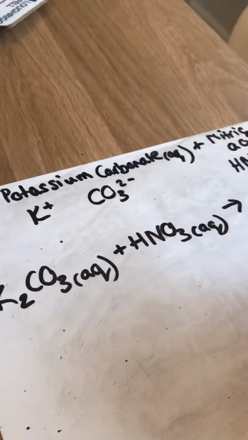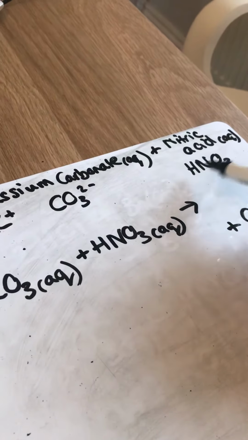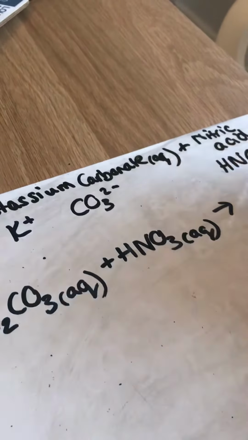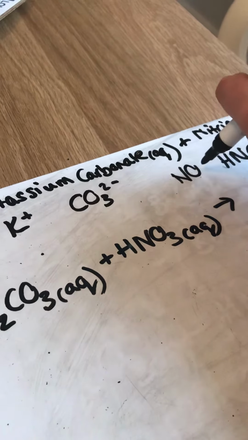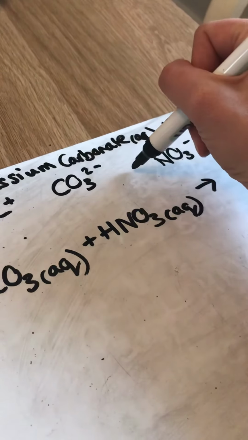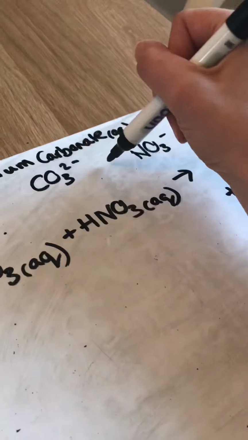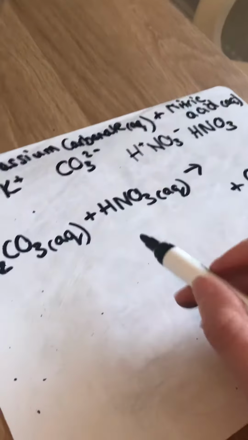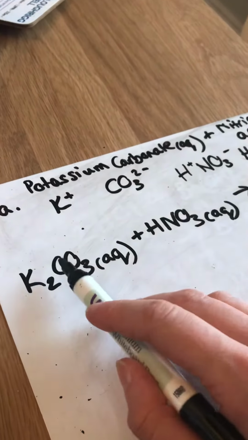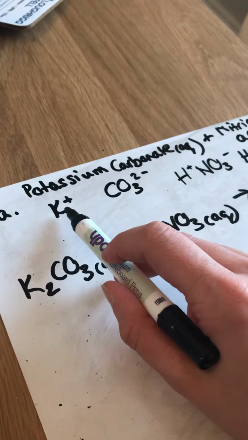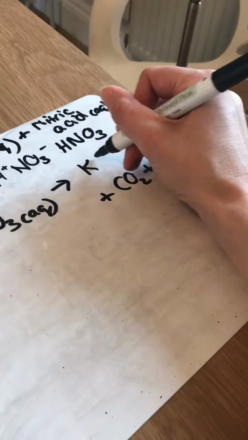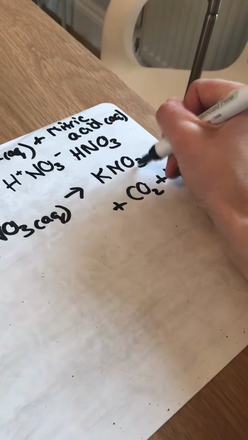So this acid has the nitrate ion in it, the nitrate ion is NO3- because the hydrogen is H+. So that's how those ions balance. So knowing that potassium is 1+, nitrate is 1-, the potassium nitrate is just KNO3.